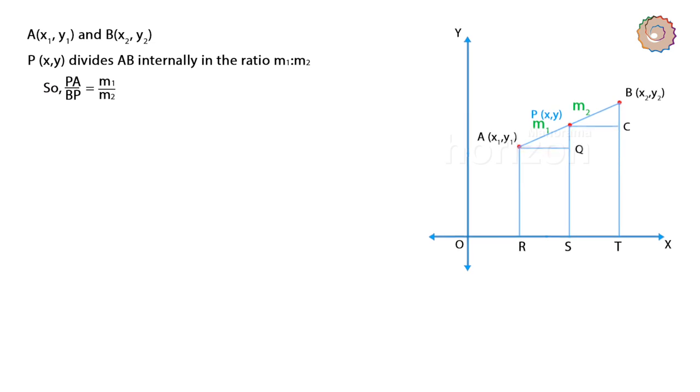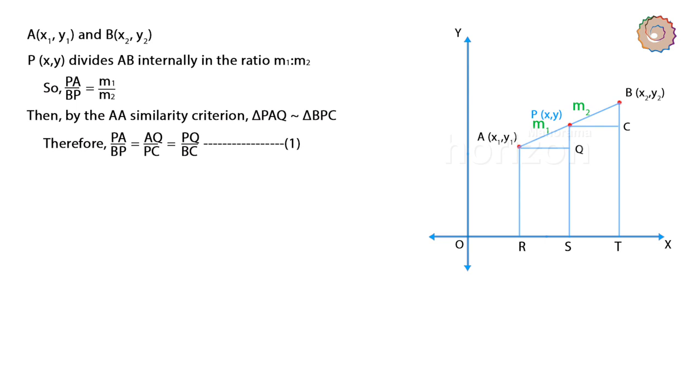Also draw AQ and PC parallel to the x-axis. Then by the AA similarity criterion, triangle PAQ is similar to triangle BPC. Therefore, PA by BP equals AQ by PC equals PQ by BC. Let's consider this as equation 1.